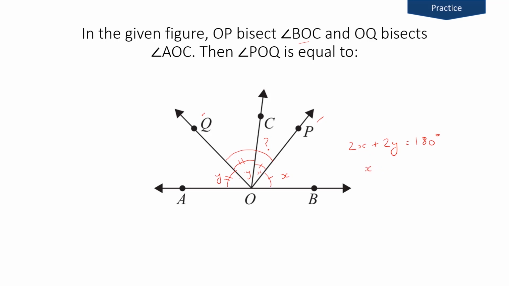So x plus y is equal to 90 degrees. Now we have to find angle POQ, which is angle x plus angle y. And we already know that x plus y is 90 degrees. So angle POQ is 90 degrees.